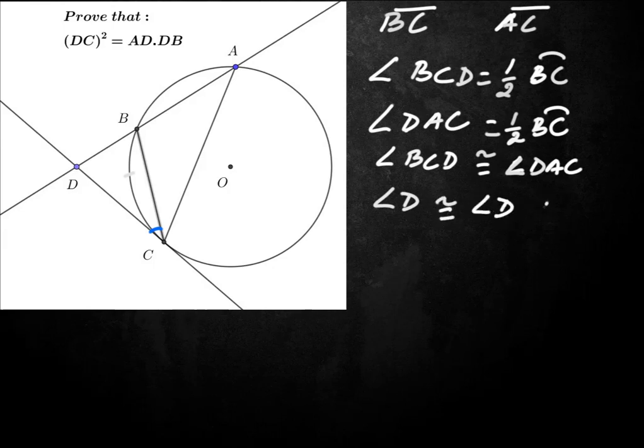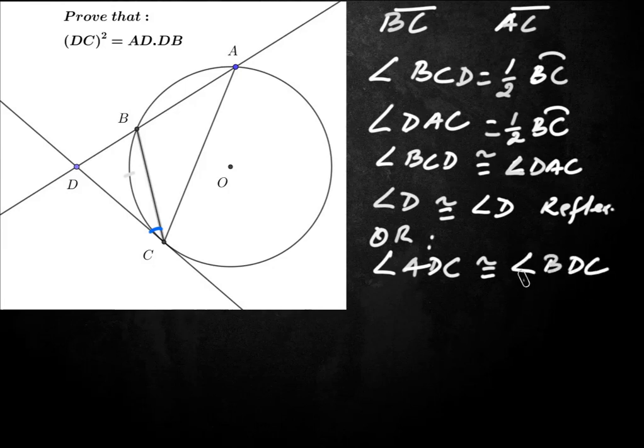What we know also, by the reflexive property, is that angle D is congruent to itself. That is, angle D taken from the big triangle ADC is congruent to the angle D taken from the small triangle BDC.